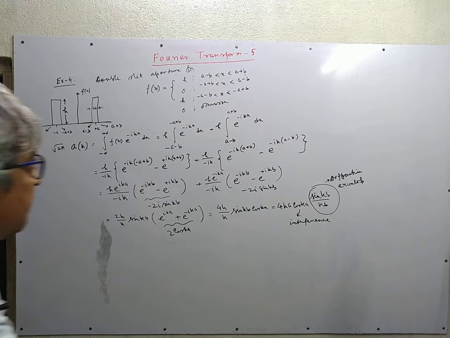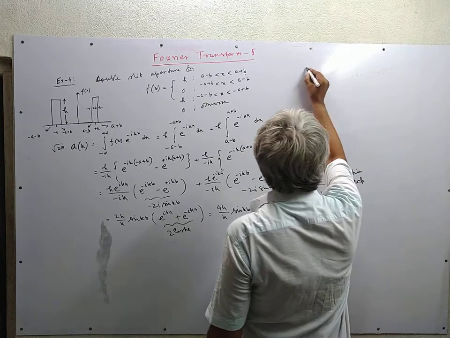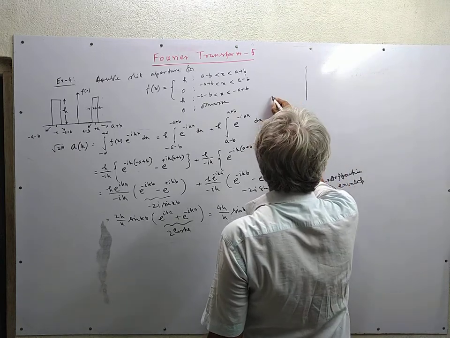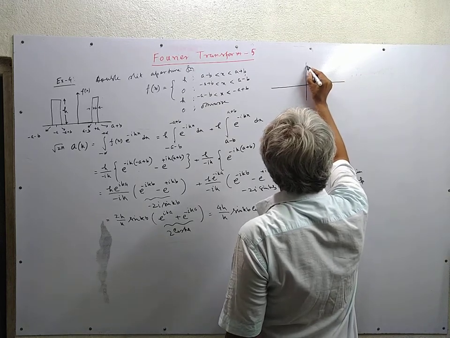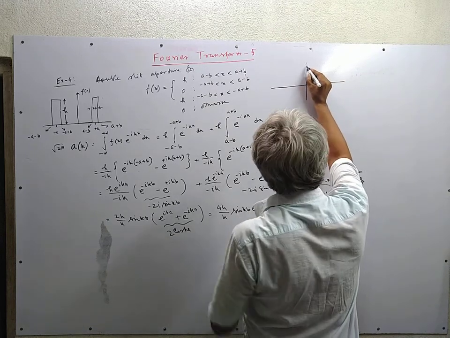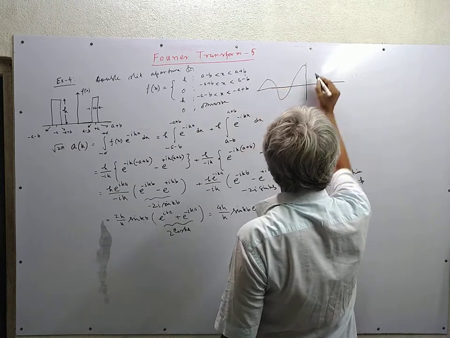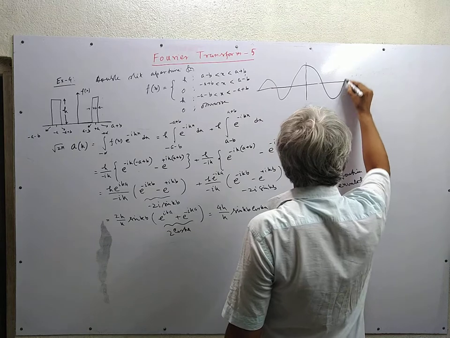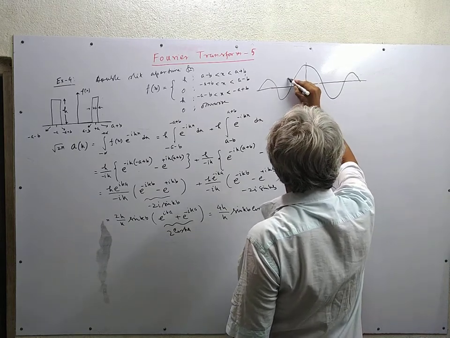If we plot a graph of A(k), then we see that this envelope function is like this. We will have negative parts too.